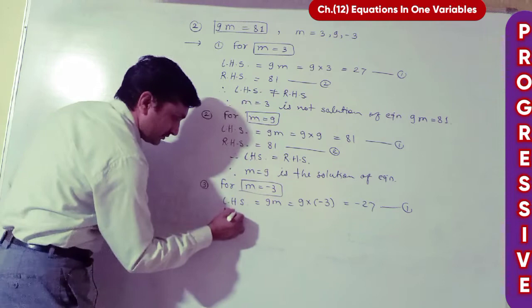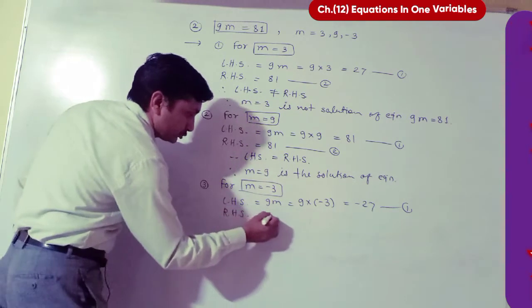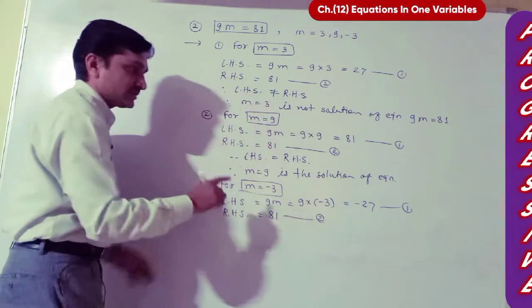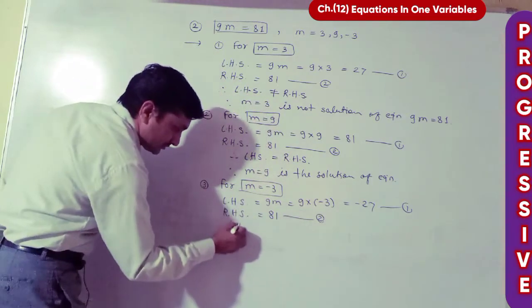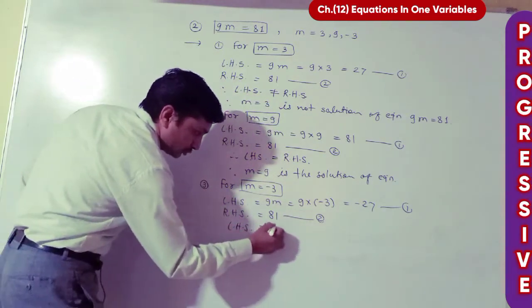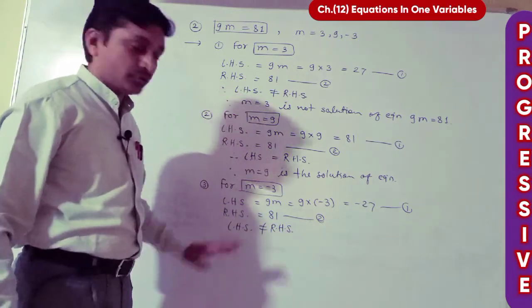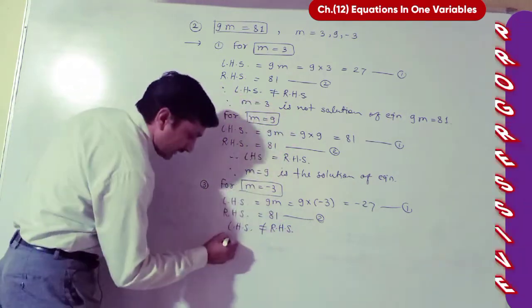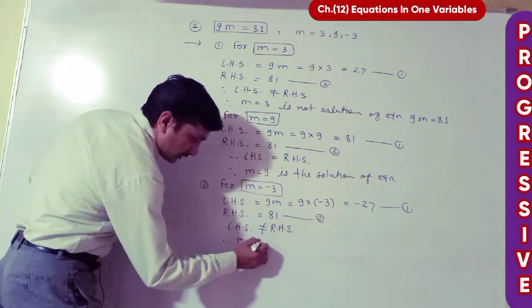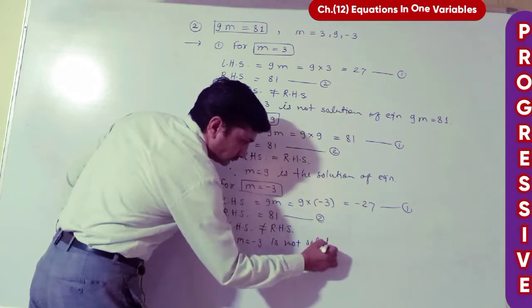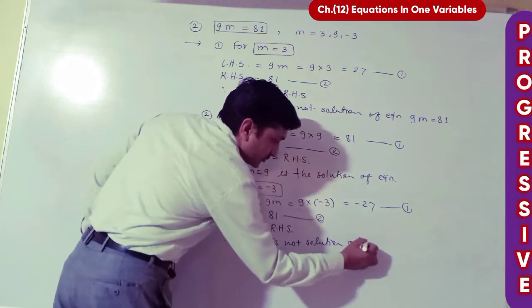And RHS is equal to 81. Number 2. Now here LHS, RHS are not equal. LHS is not equal to RHS. And as LHS is not equal to RHS, m is equal to minus 3 is not a solution of the equation.